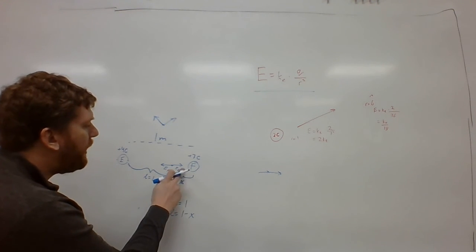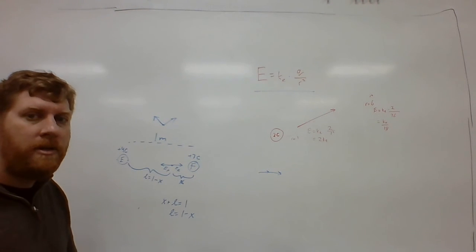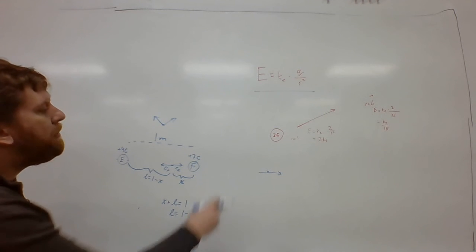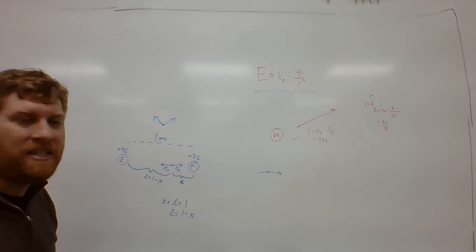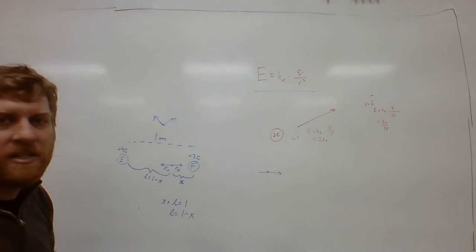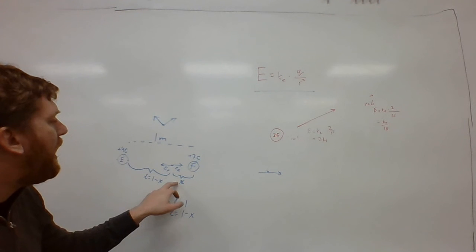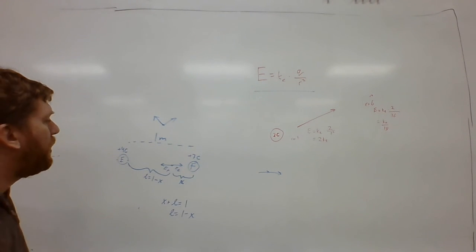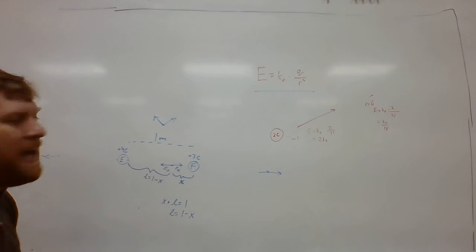So I'm looking for a point where the electric field due to E is equal in magnitude to the electric field due to F. There may be some point out here where I get the same answer, where they're equal in magnitude, but for this specific case, they're also pointing in opposite directions. And so I want to find a value where x is positive, where x is in between my F and E charge.